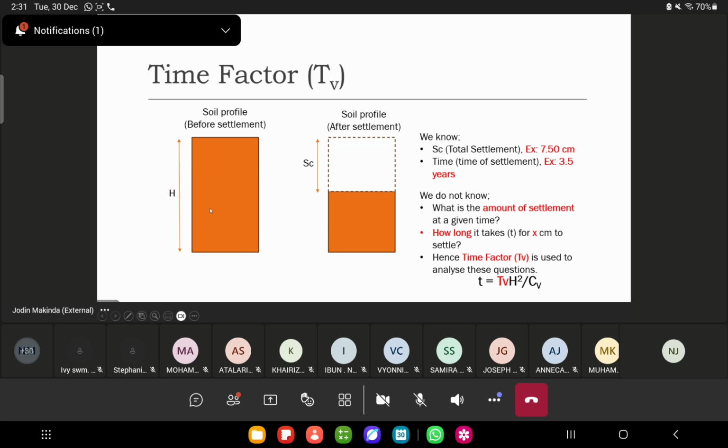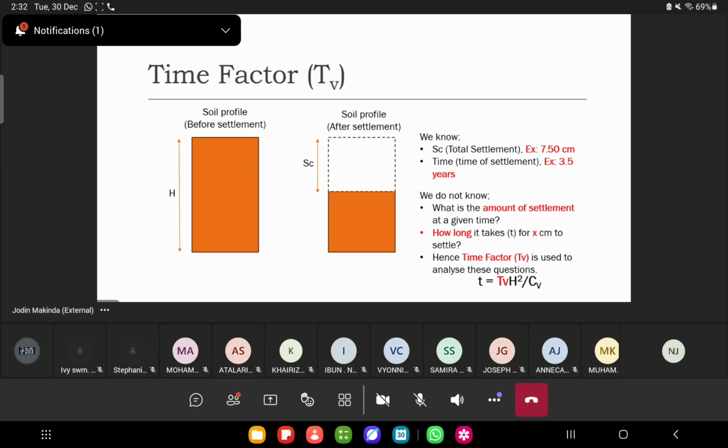Before construction or before settlement. After the construction, soil will settle. Yeah, there is a reduction of thickness, which is what we call the settlement, equivalent to the amount of SC. Therefore, based on what we learned so far, we know how to calculate the total settlement.